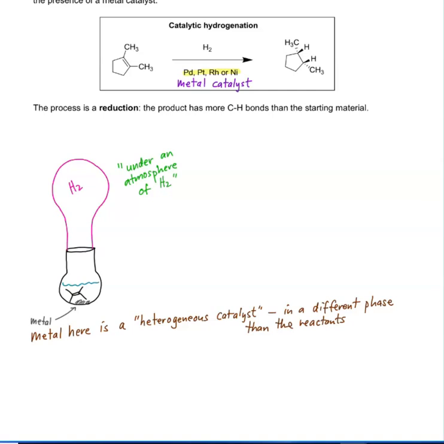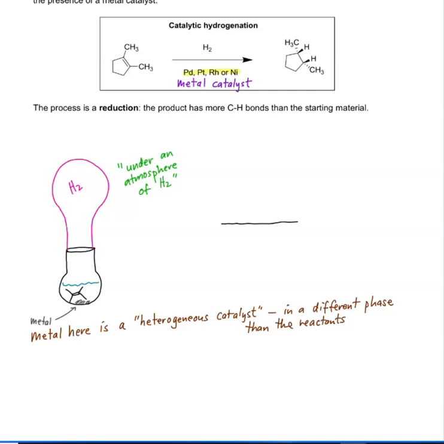Because the metal is a heterogeneous catalyst, because it's in a different phase than your reactants, the only place that the reaction can occur is at the surface of the metal where it contacts the solvent and potentially the other reactants.